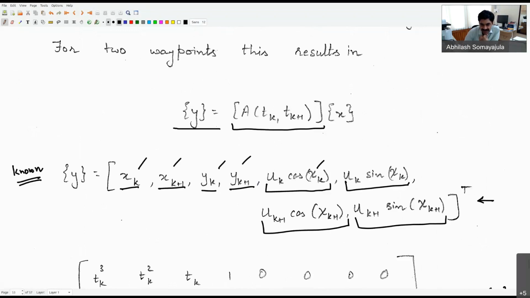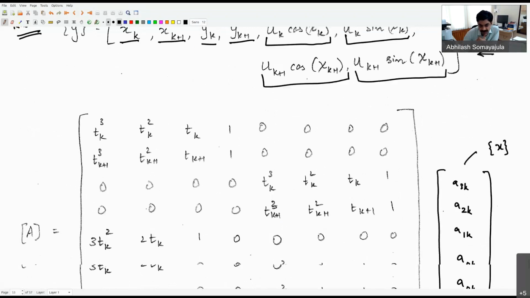Okay, so that being my x vector, I'm trying to formulate what should be my A matrix. So I know that the first polynomial, a3k times tk cubed plus a2k times tk squared plus a1k times tk plus a0k times 1, must equal the x coordinate of the waypoint. Correct?